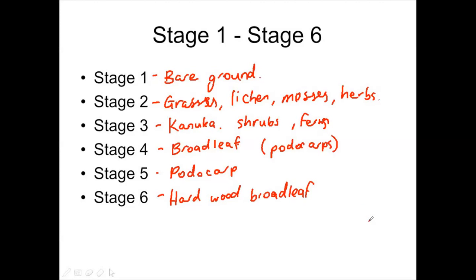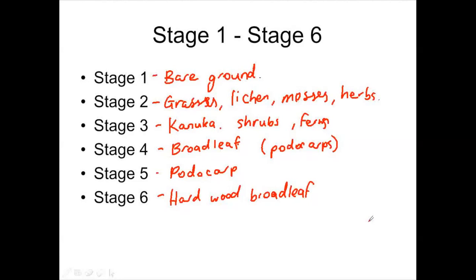So over time, we're moving from stage 1 all the way to stage 6 through the growing and replacement of the main species. So we'll go through that. Just keep on thinking about Gause's principle. We should have learnt that before.